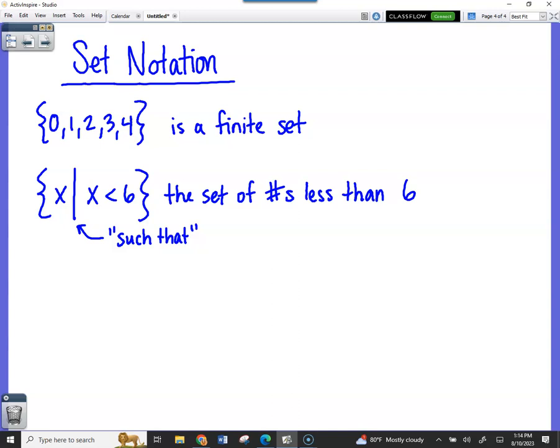So even though this is a very small expression, and I don't have any dots or anything, and I don't see a negative infinity in here, when you read it correctly, you need to realize that it's talking about numbers to the left of 6, and it keeps going. Does it include 6? No. If there was an or equal to line, it would include 6. So you've got to be careful with that.